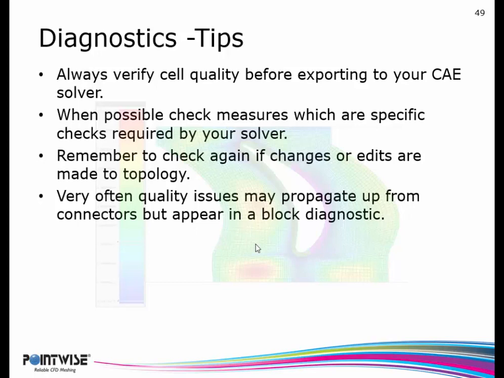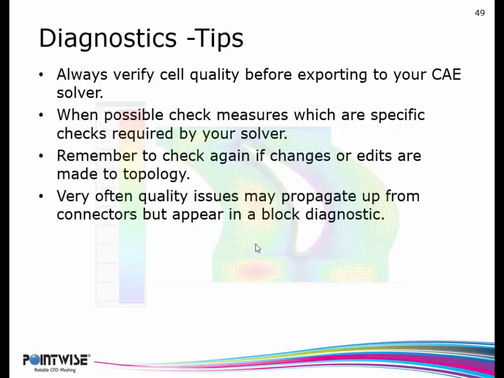I'd go in and make some adjustments to connectors and domains and not really take the time to come back and check my grid before I moved on to the solver and end up having something wrong with the grid. So always make sure that you double check your grid after you make any changes or edits. I mentioned this before when we were talking about the solve command.